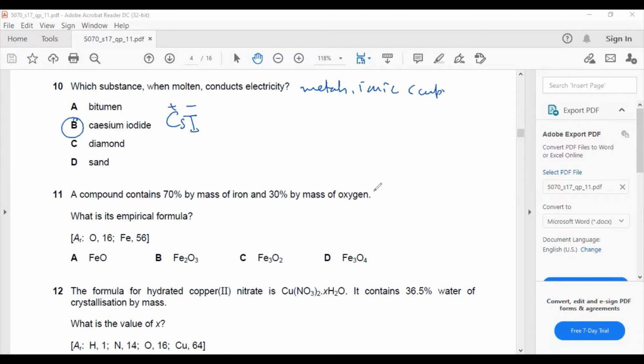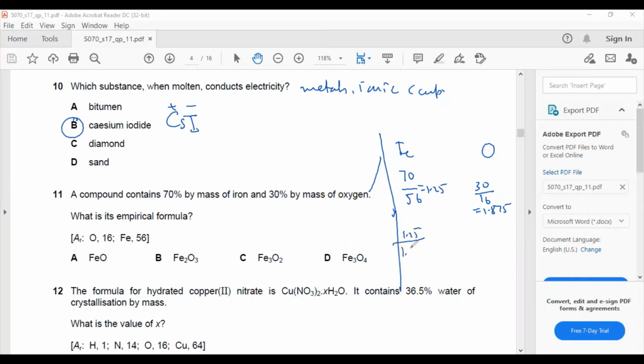I think one of the simplest questions. Iron: 70 divided by 56, its relative atomic mass. Answer is 1.25. Oxygen: 30 divided by 16, 1.875. Which one is the smallest?